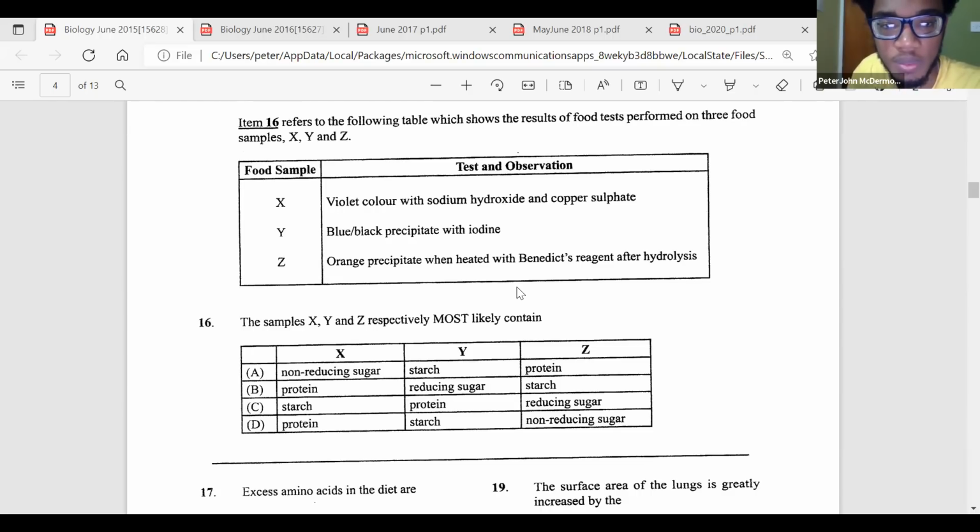Z, orange precipitate when heated with Benedict's reagent after hydrolysis. I'll give you guys a bit of time. This is just food tests. Drop all your answers in the chat and we'll see what's going on. All right, so 16.